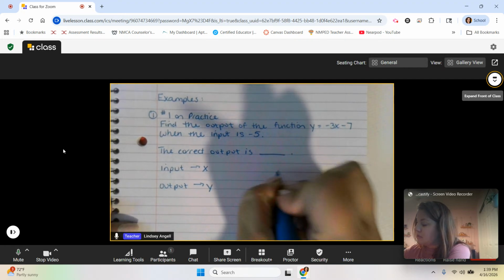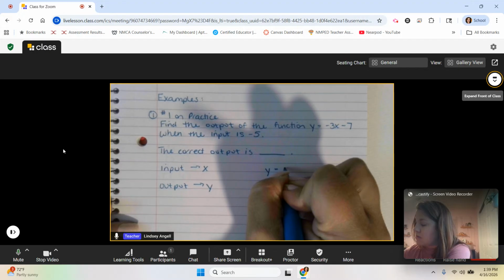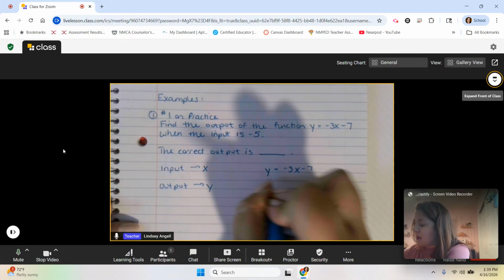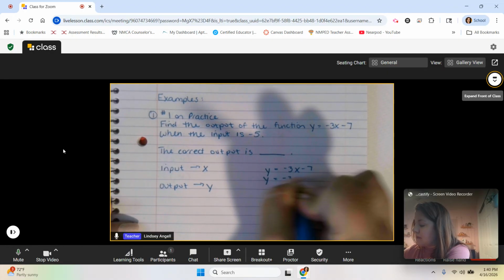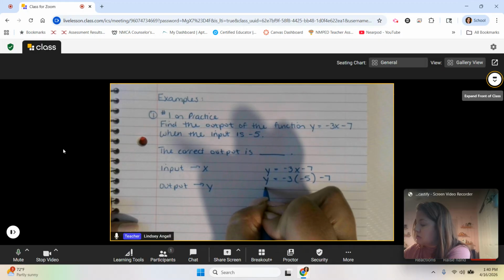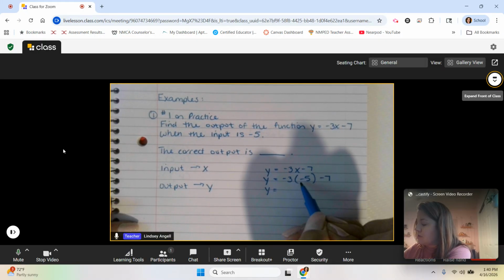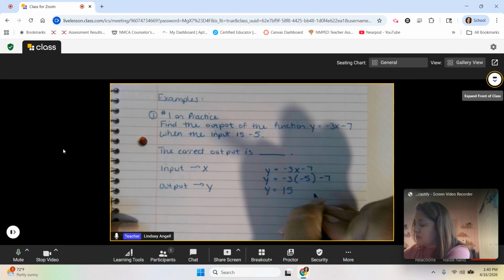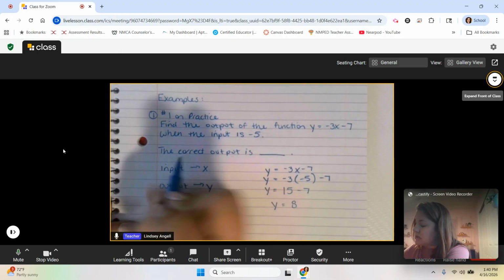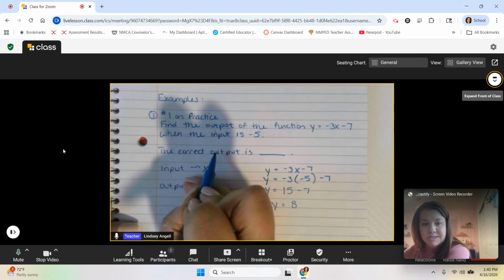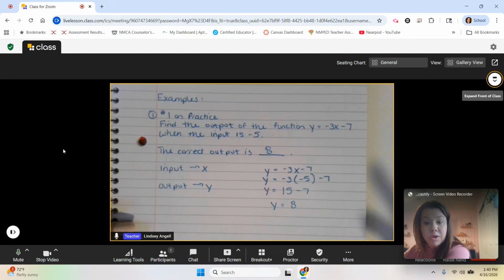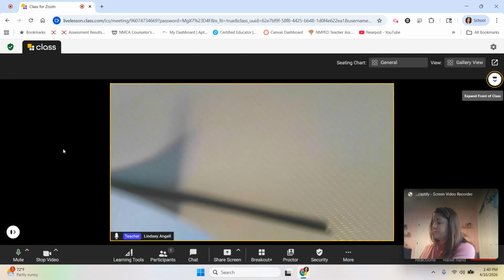So if we have the function y equals negative 3x minus 7, and the input is negative 5, that means I'm putting negative 5 in for x. Negative 3 times negative 5 gives us 15, minus 7, so y would be equal to 8. So in your lesson, you would say the correct output is 8. That's it. So you've already done this, right?